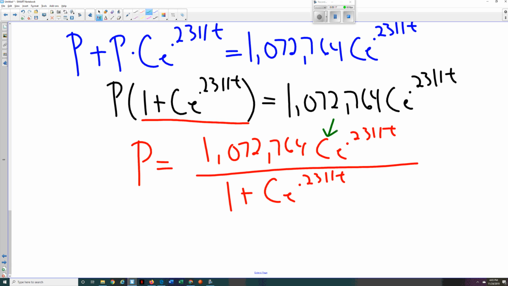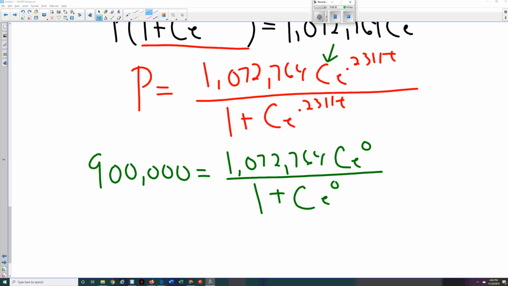When we try to find this value of C, we're going to plug in our initial value, remember, 900,000 when t equals 0. And we get this equation. Notice that e to the 0 is 1.